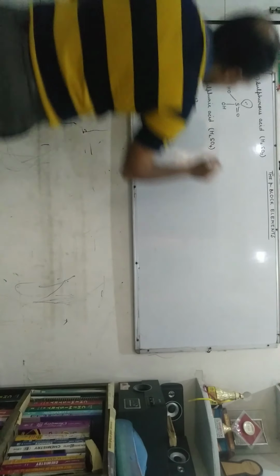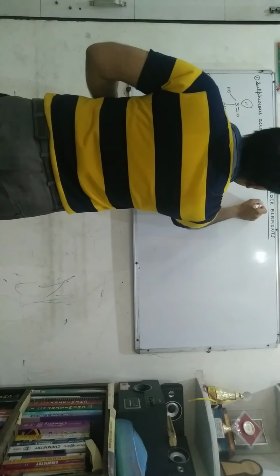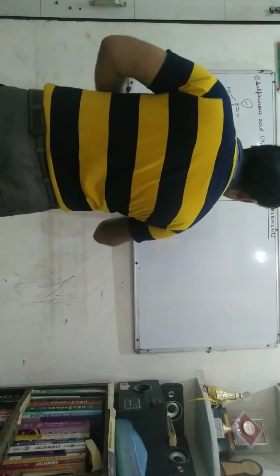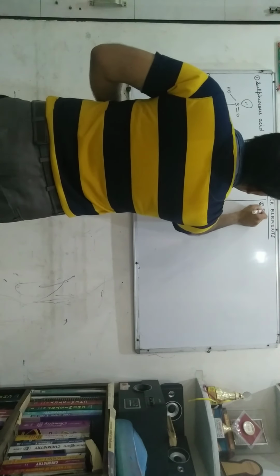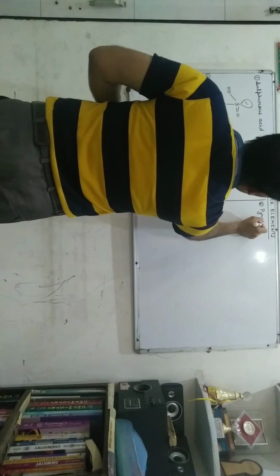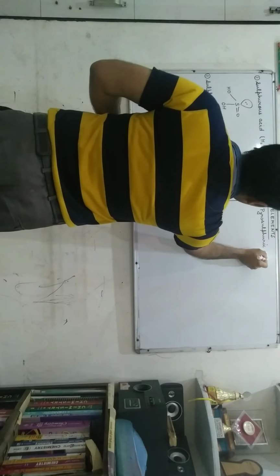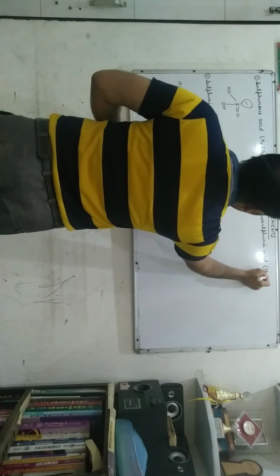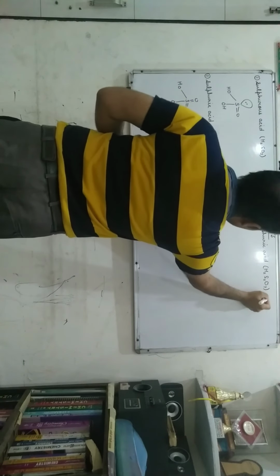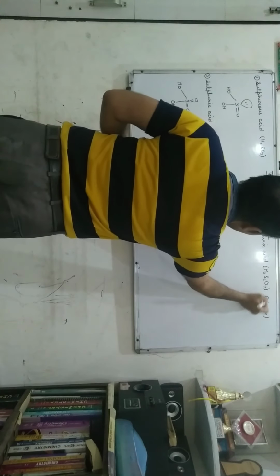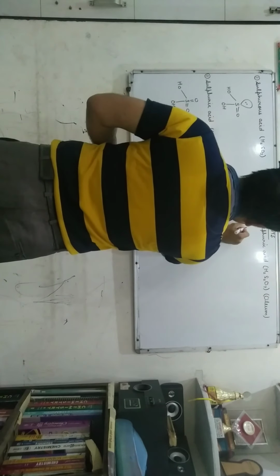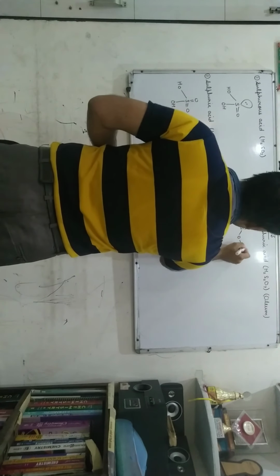The third oxoacid of sulfur is pyrosulfuric acid, which is also called oleum. And the structure of pyrosulfuric acid is here.